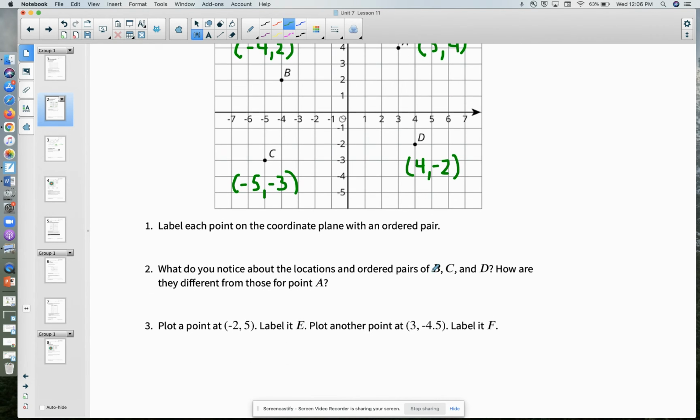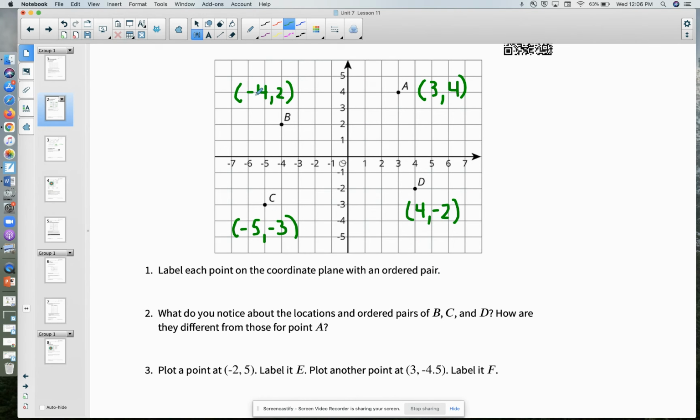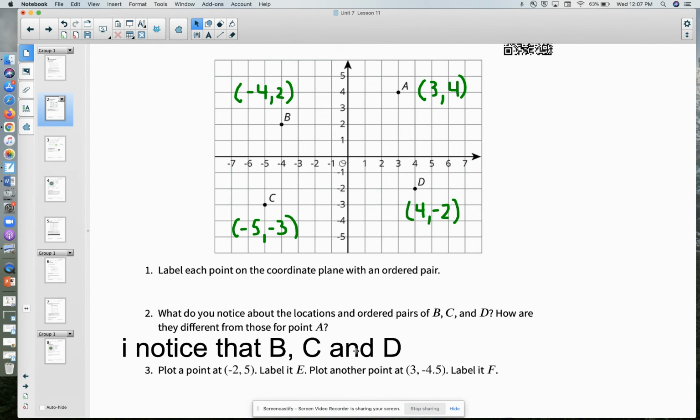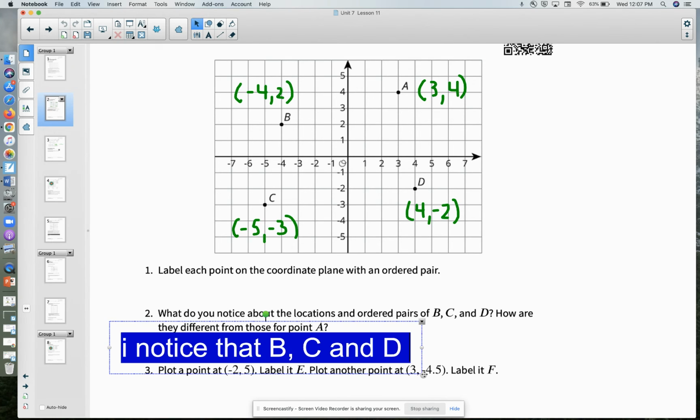Okay. So what do you notice about the locations and ordered pairs for B, C, and D? How are they different from those for point A? Well, what do you notice? Well, I notice that B, C, and D, they all have at least one negative number, right?